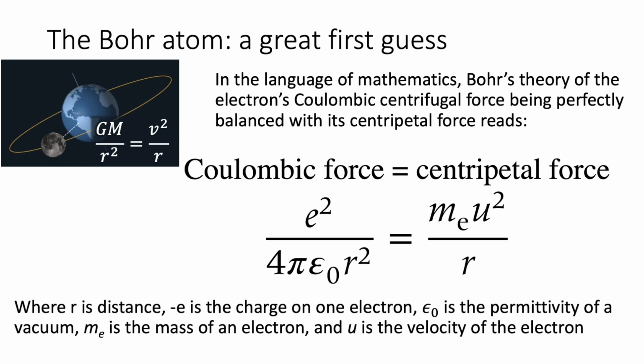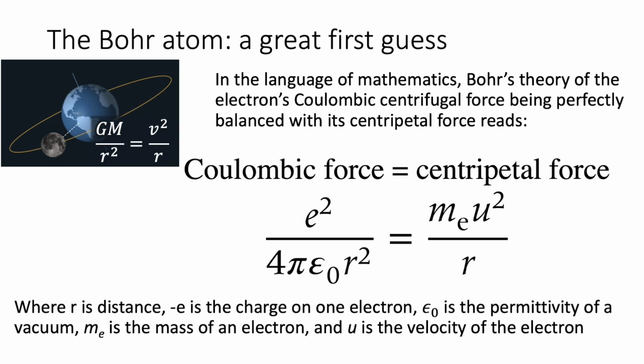We have this balance between the Coulombic force, which is the attraction, like the attraction of the negative electron to the positive nucleus, and the centripetal force. If you've ever gone on one of those rides that spins around really fast, like the Gravitron, the force pushing you outward is what we're talking about here. So you've got an attractive force pulling you toward the center.